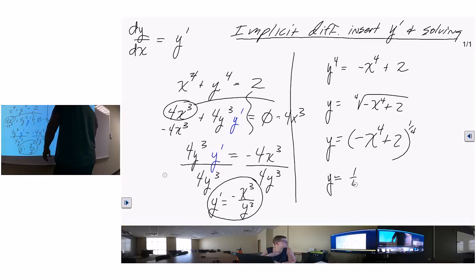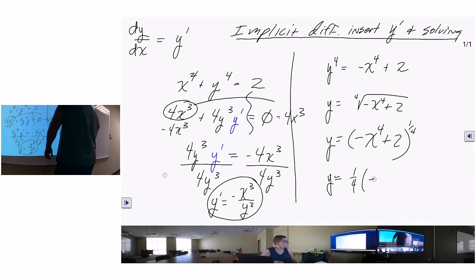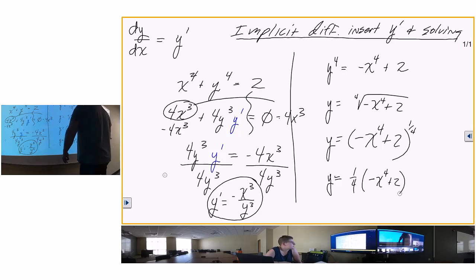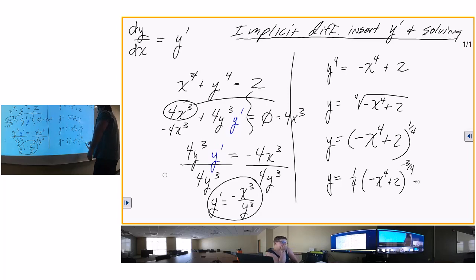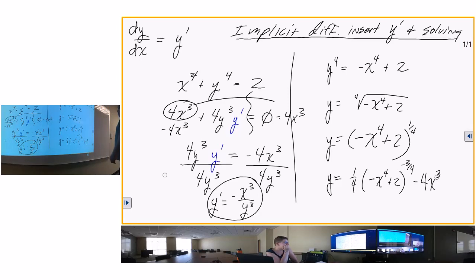1/4 negative x to the fourth plus 2 to the 1/4 minus 4/4, which is negative 3/4. And then negative 4x to the what? Third? Yes or no?